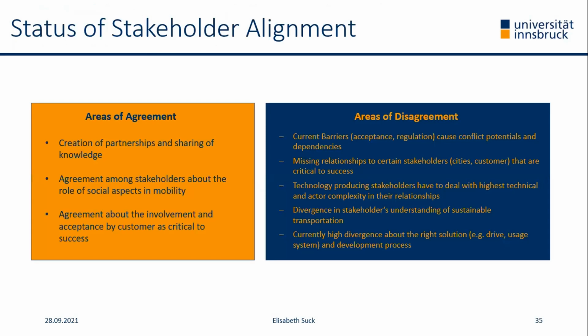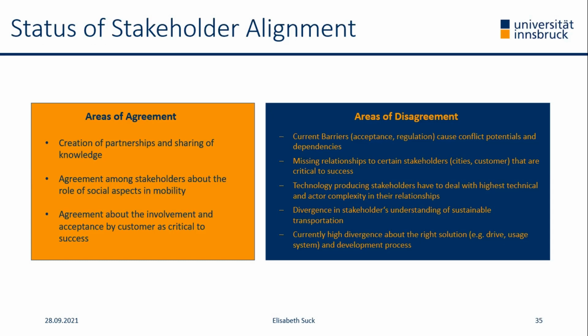Then let's come to the last topic, the stakeholder alignment. What is the current status of stakeholder alignment? We currently have some areas of agreement. Stakeholders agree that creating partnerships and sharing knowledge is key to advance ACES and even to implement it on the market.